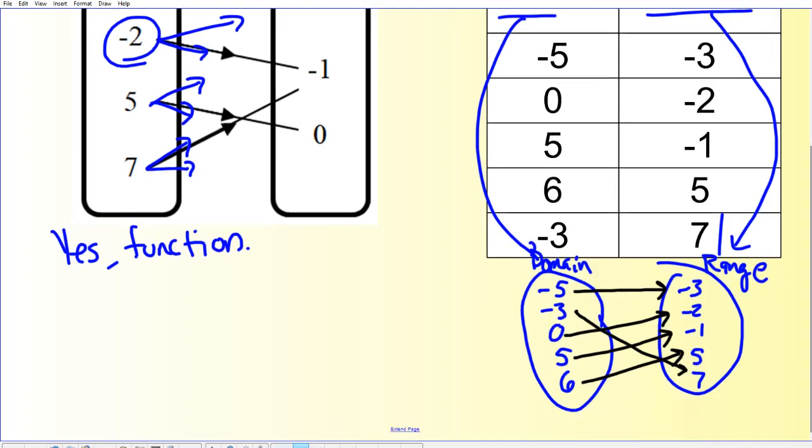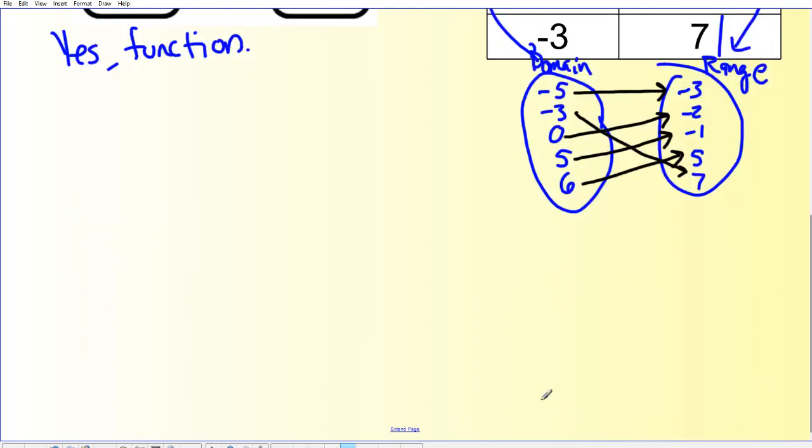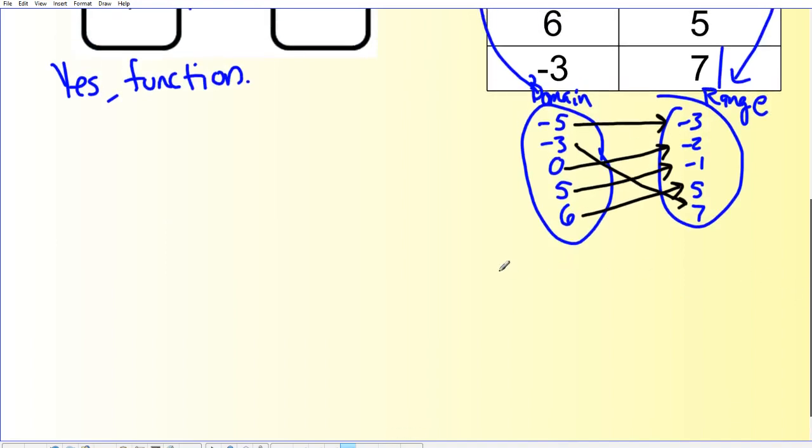So there's my mapping diagram. Now, is this thing a function? You've got to ask yourself, every time I plugged in one number, did I only get one answer? And the answer is yes. Yes, this is a function, because each number I plugged in only gave me one answer. Yes, that is a function.